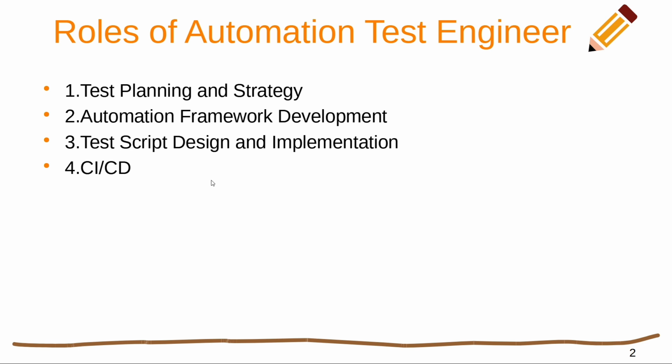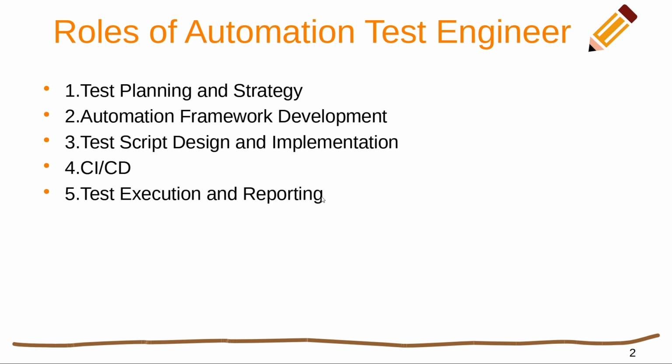Then the next stage is test execution and reporting. Here we need to run automated test cases across browsers like Chrome, Edge, Firefox, and platforms. Then we need to execute the test cases and capture the logs, along with screenshots and videos for whatever test cases failed. Then we need to generate and share test execution reports also.